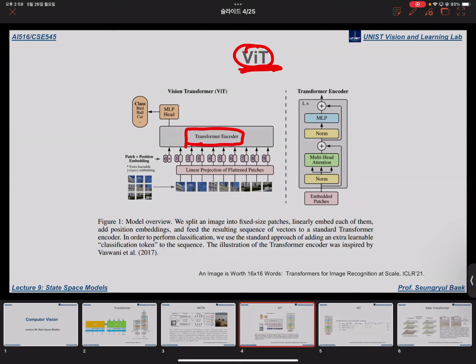So using the window, for example, this is the original image. They are using this type of window, and then they will apply self-attention only for the patches inside this window, okay? Inside this window, there will be a few patches, okay?